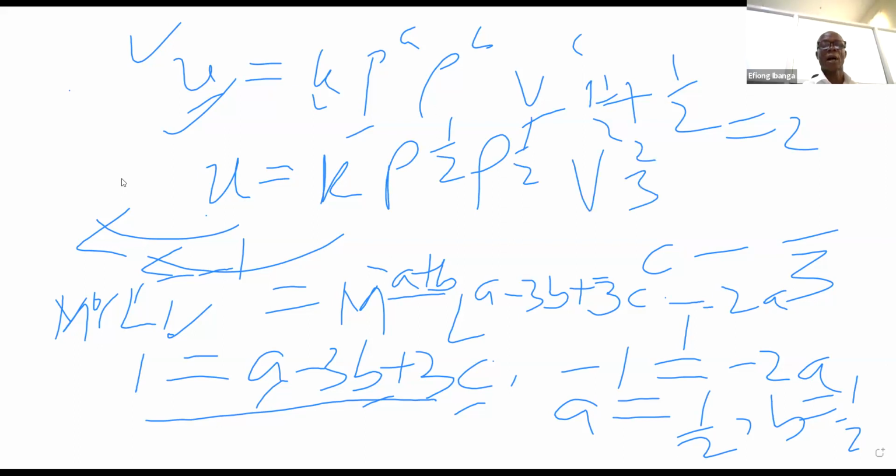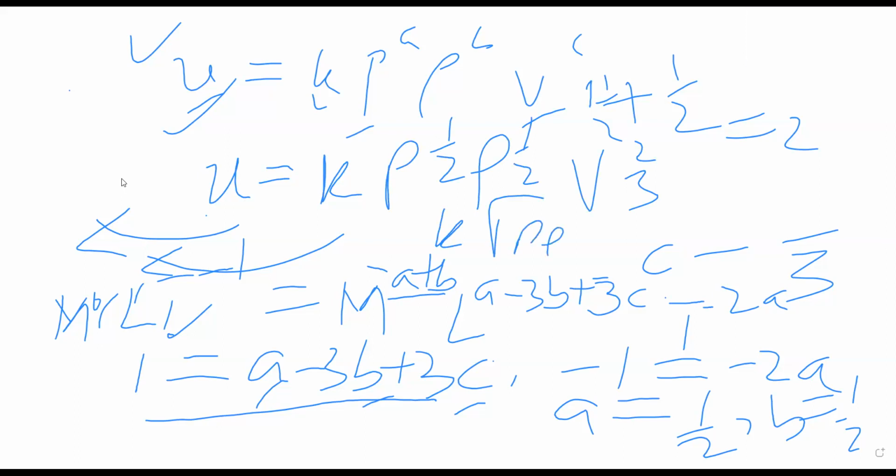So now, of course, this is half. That means I'm supposed to have K times the square root of P rho, like that.